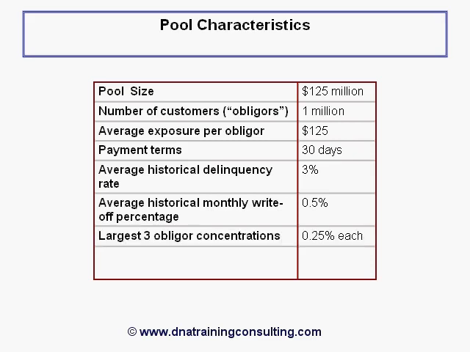The three largest obligors in the pool represent individually 0.25% each, presumably some of the corporate customers. And finally, the worst historical monthly write-off percentage has been 2%.